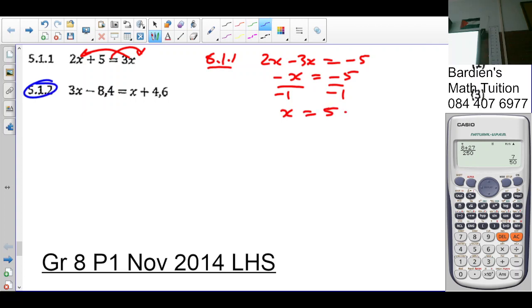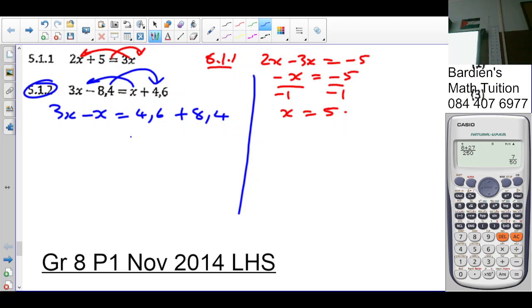5.1.2. Commas, decimals here. So what do I do here? Same as I do before. Don't skip. X is one side, numbers the other side. It becomes 3x. We bring the x over, becomes minus x is equal to 4 comma 6. We bring negative 8 comma 4 over, becomes plus 8 comma 4.